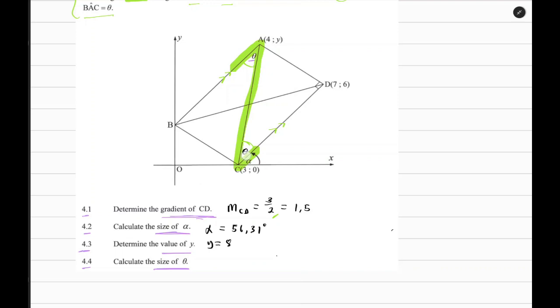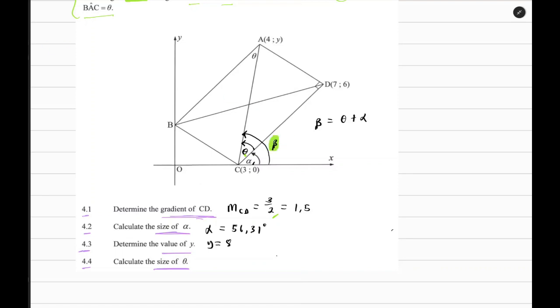That's why I can write theta there. Theta is measured from this point to that point, and we have alpha here. So we can find the third angle, call it beta, and we can say that beta equals theta plus alpha.